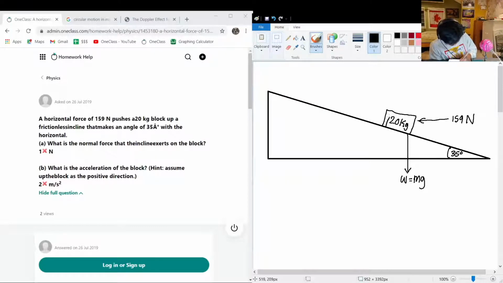One interesting thing about normal forces, so let's call that Fn for normal, they always have to be perpendicular to the surface. Okay, so this is perpendicular to a ramp.